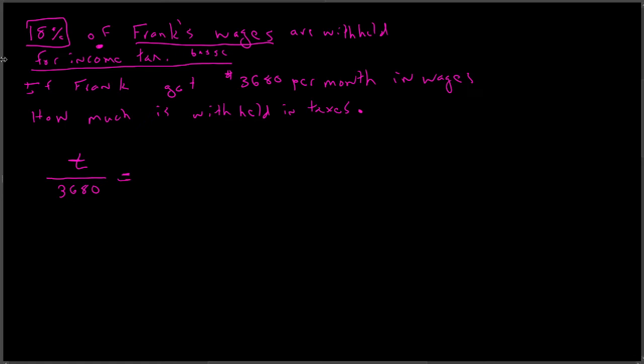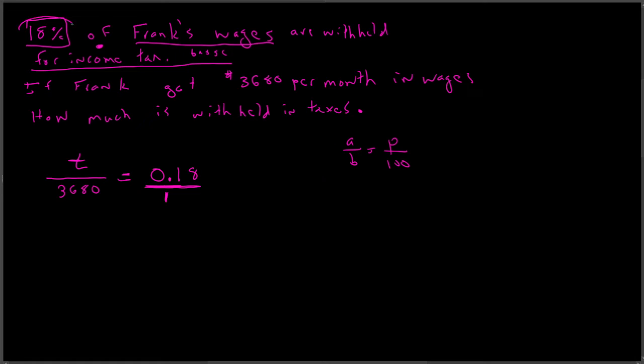And then 18 divided by 100. Well, I'm going to convert this first to 0.18. I'm going to just highlight that it's a fraction. We remember our amount over base equals percentage over 100.